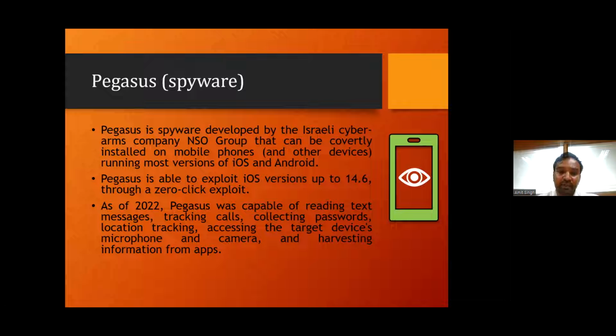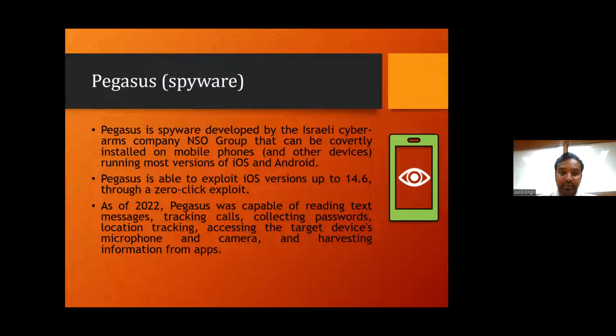The user will not even know that their mobile system has been exploited by this Pegasus software. As of 2022, Pegasus was able to read text messages, track calls, collect passwords, track location, access the target device's microphone and camera, and harvest information from the other apps installed in the mobile phone.